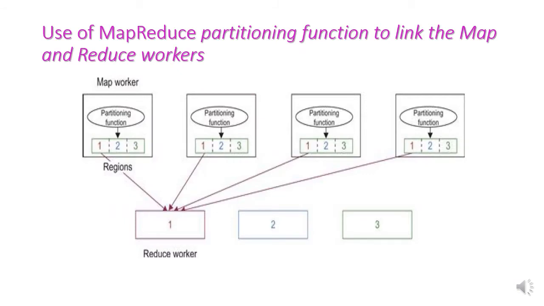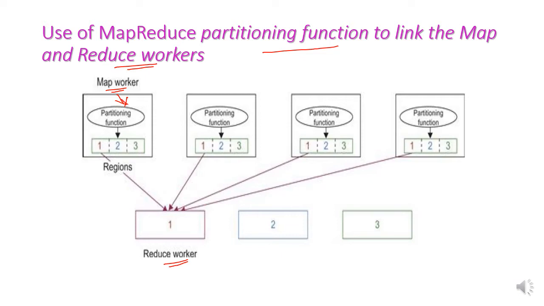And this diagram explains the use of MapReduce partitioning functions to link the map and reduce workers. Here we are having more number of map workers and more number of reduce workers. And each worker, that is the map worker, is having a partitioning function.